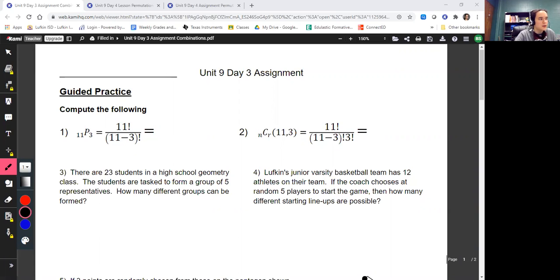Eleven factorial, narrow it down, parentheses 11 minus 3, close your parentheses, and then put your exclamation mark, factorial sign. Then we get 990.